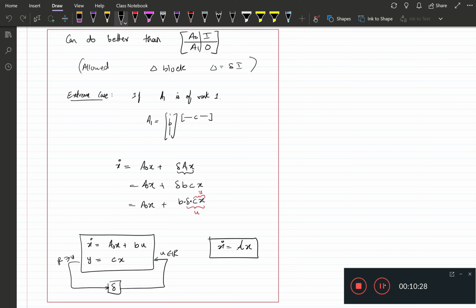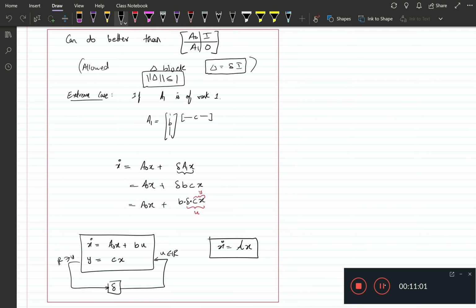So that allowed a delta block of this form, and we proved stability for delta less than or equal to 1, and this was the only condition on delta. But we were interested only in delta blocks of this form, so we're not doing as best as we can in pulling out the uncertainty. So how can we do better?